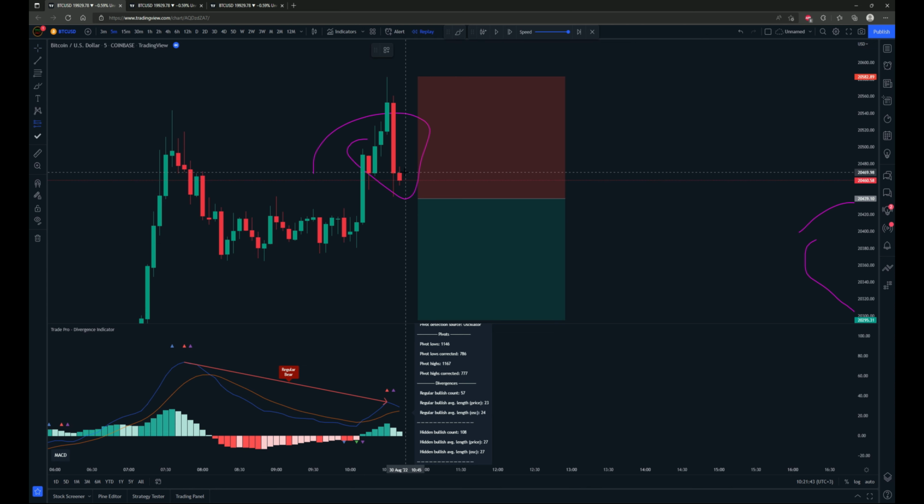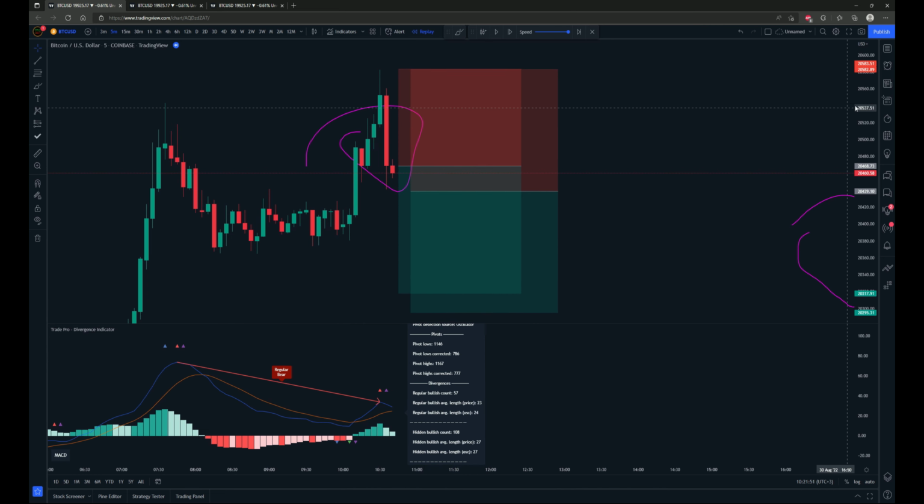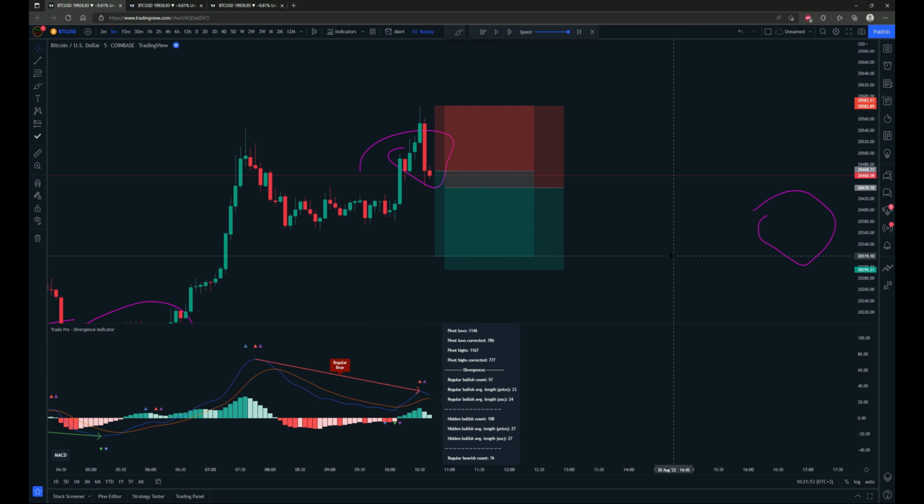So much sooner, so quite a bit better of an entry price on this one. And as you can see, it's essentially just signaling the divergence much earlier because it's not waiting for multiple candles to confirm a pivot to confirm the divergence.